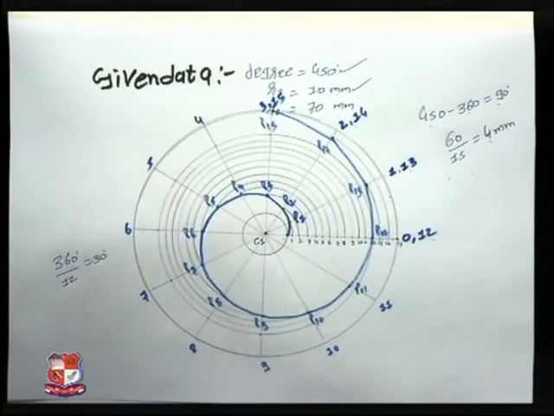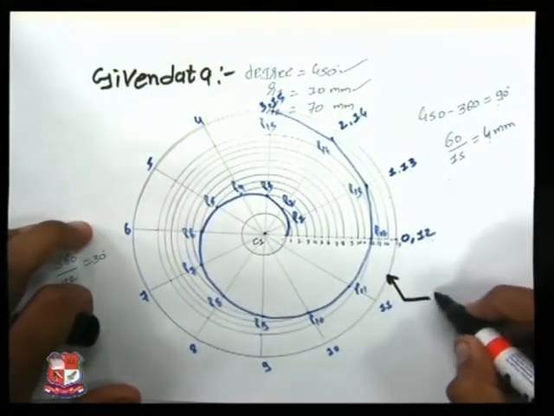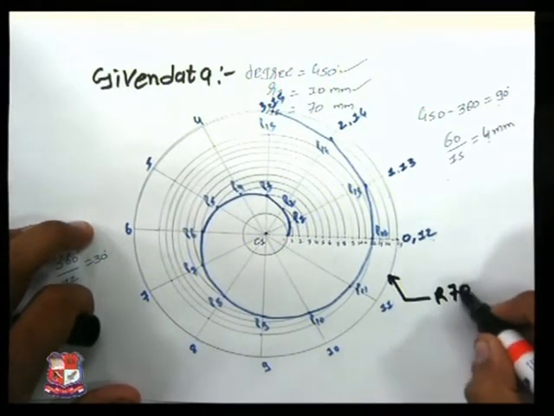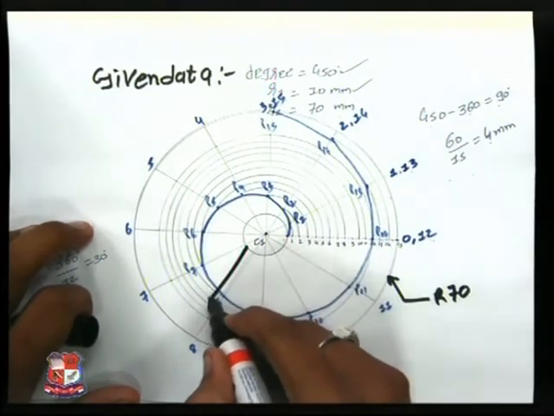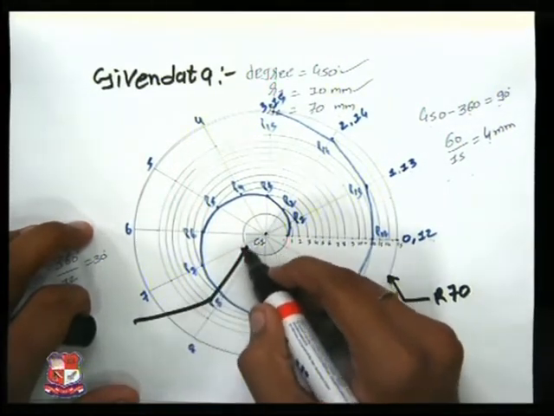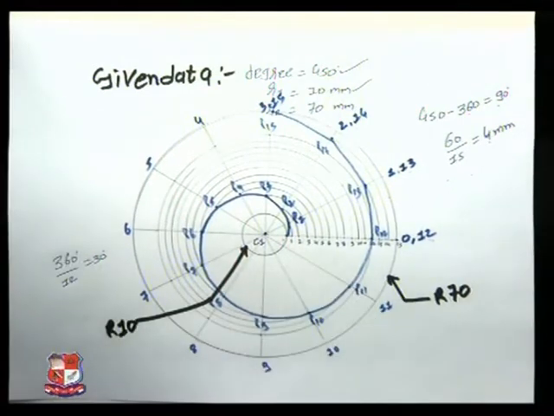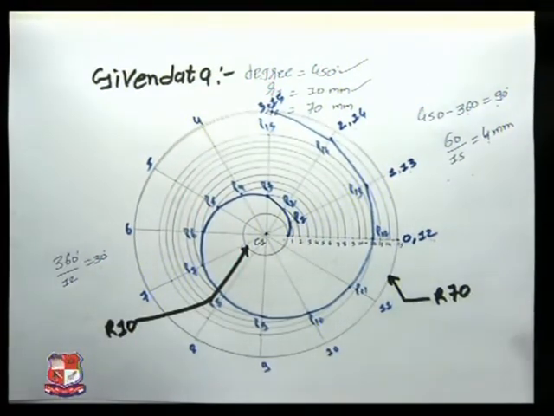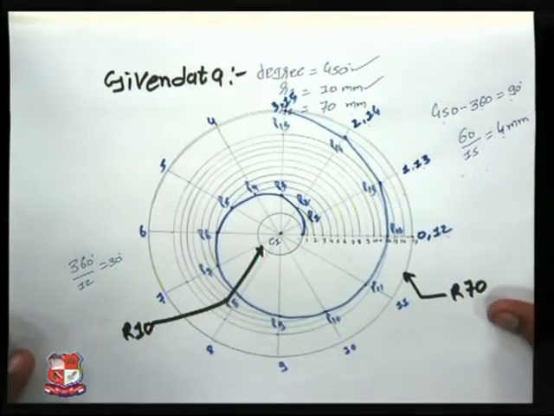Give the dimensions also. Radius 70, radius 10. This is how you can draw your Archimedean spiral. I hope you have understood the whole method.